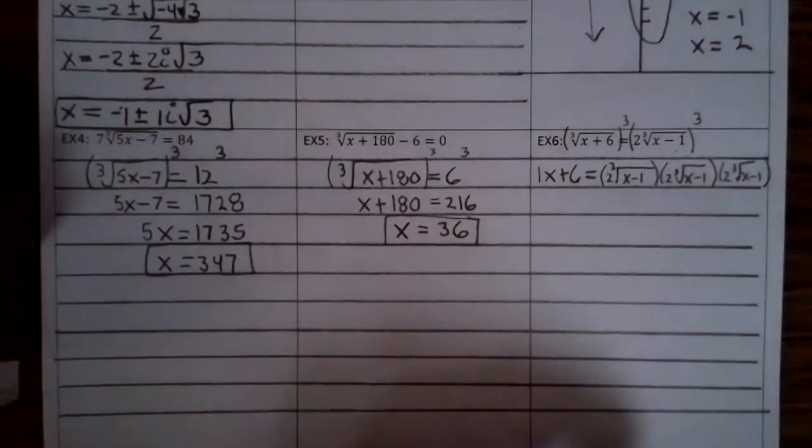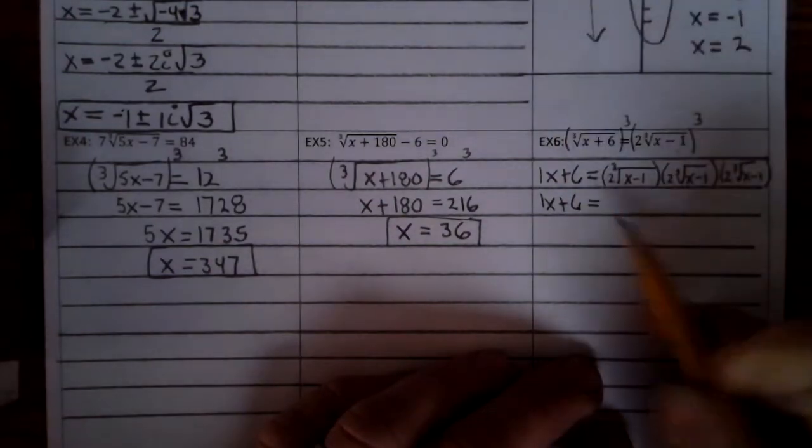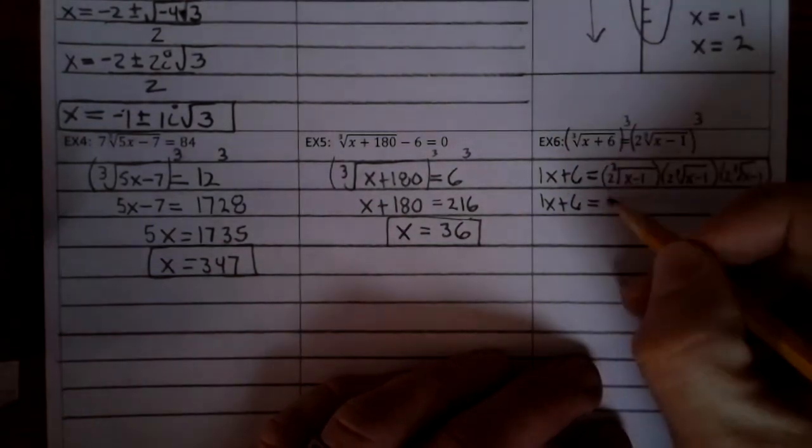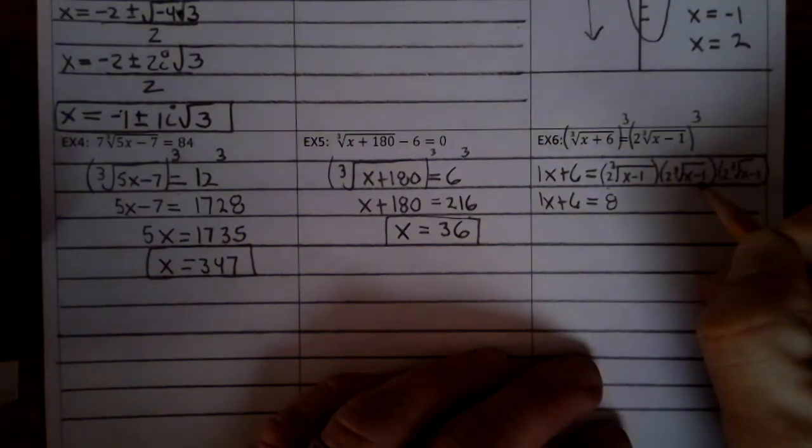The reason we have to do that is because 2 times 2 times 2 is 8. And cube root of x minus 1 times cube root of x minus 1 times cube root of x minus 1 is x minus 1.